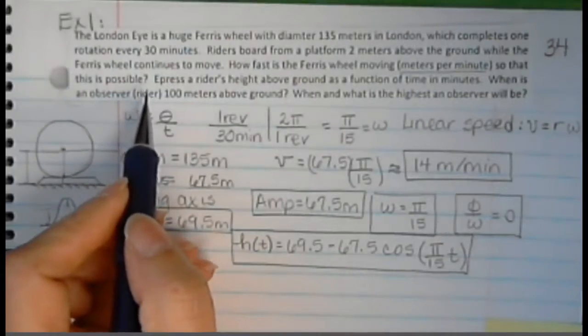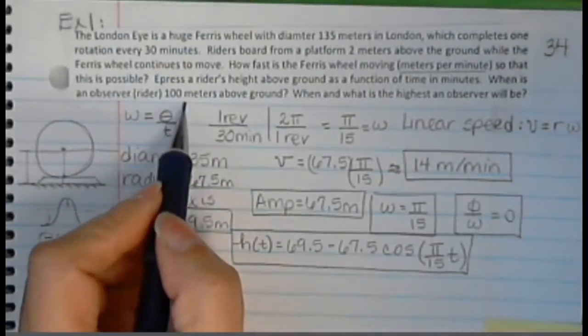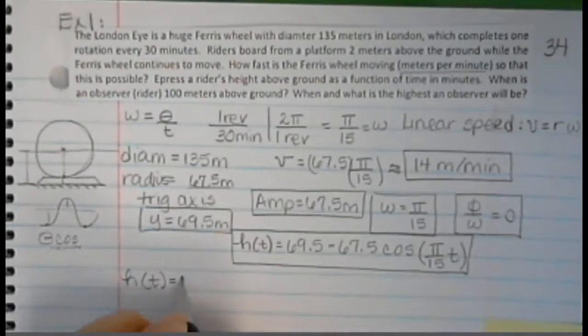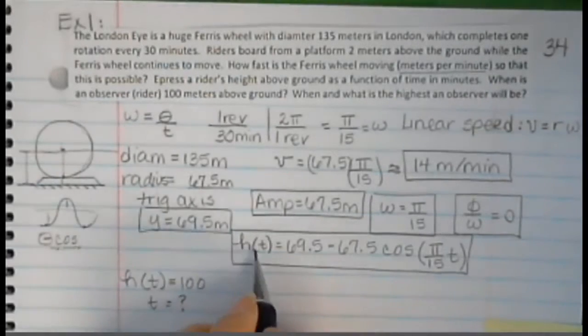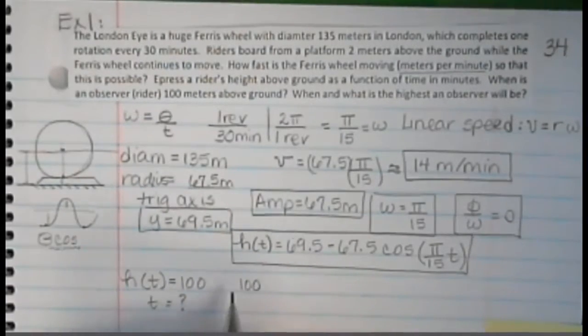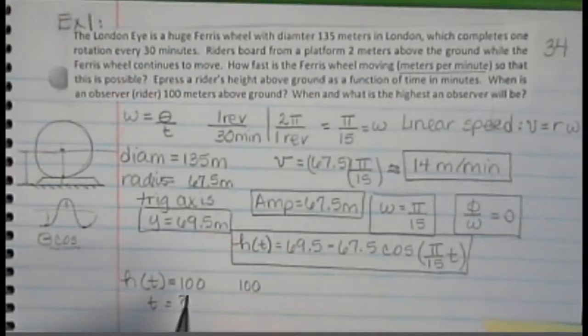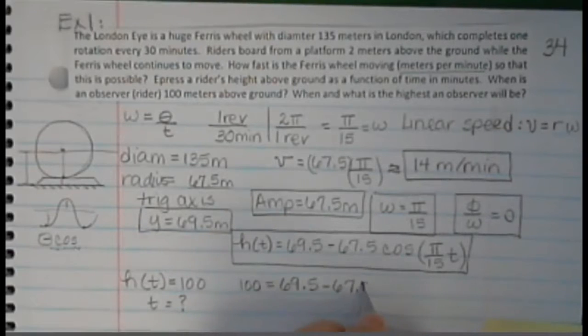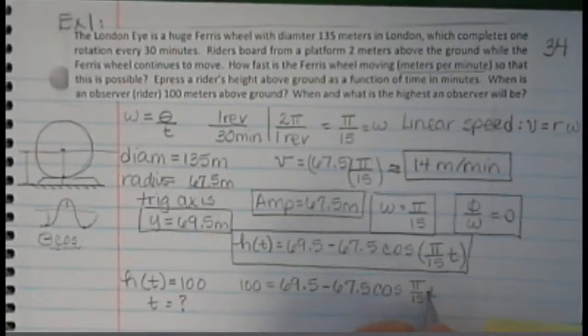The next thing it asks us is, when is the observer 100 meters above the ground? So we want to know the time when the height is equal to 100. We want to know when does that happen. So with my equation, I'm going to let h equal 100, so 100 is equal to 69.5 minus 67.5 cosine of pi over 15 t.